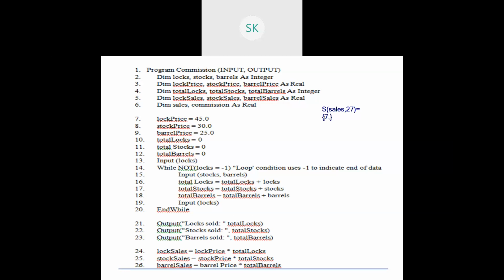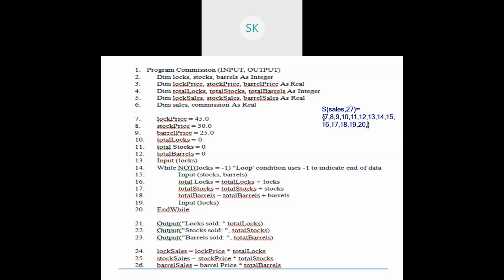Right from 7, 8, followed by 9, followed by 10, 11, 12, 13, 14 statement you need to take it. 15th statement also you need to take it. Followed by 16th statement you will be taking it. 17th one, 18th one, 19, 20.